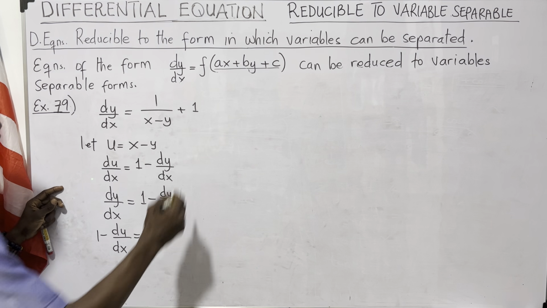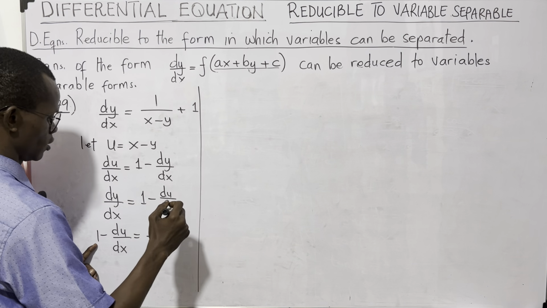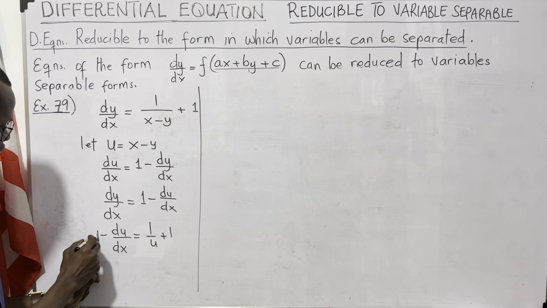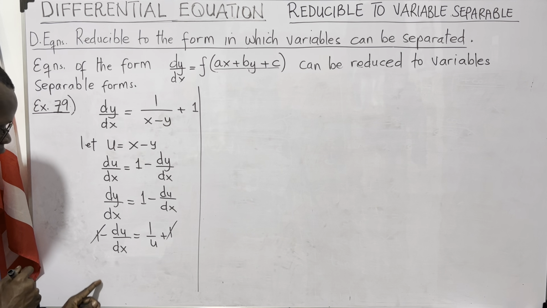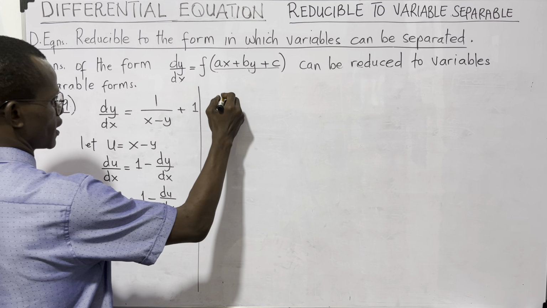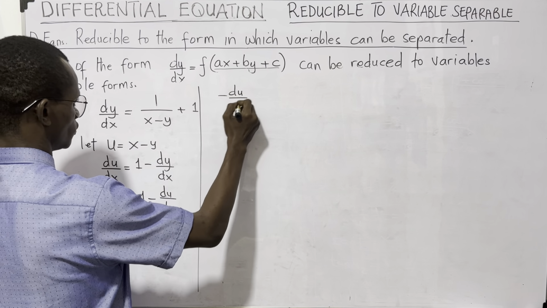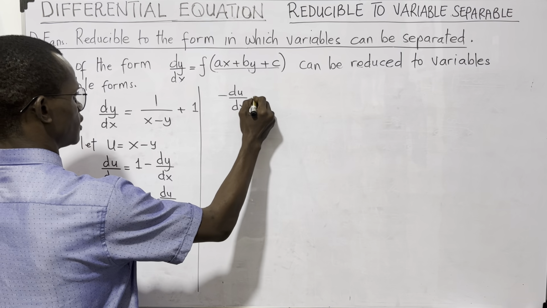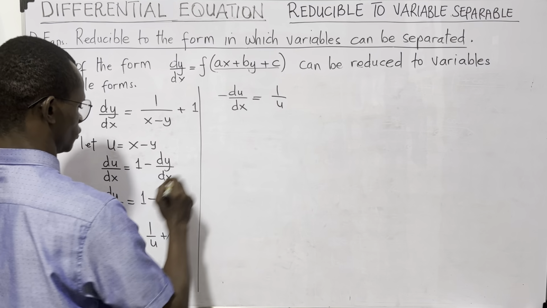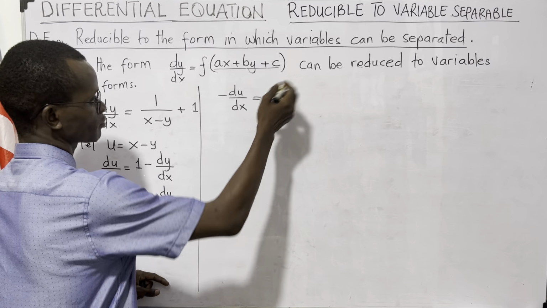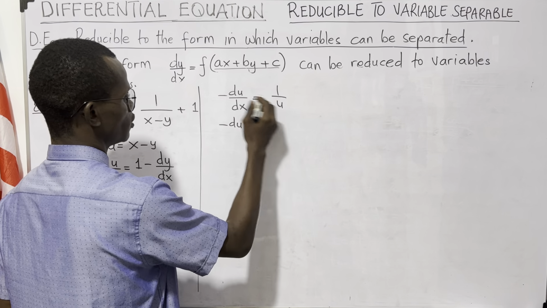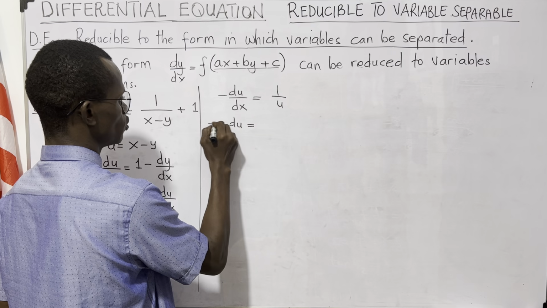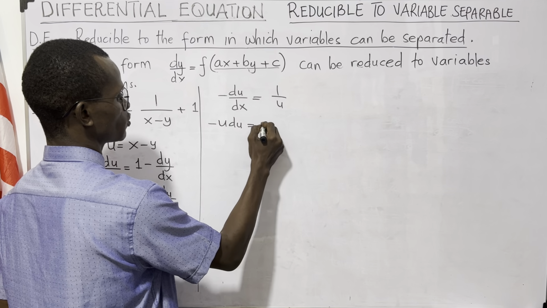So we try to separate the variables. If this goes across, this 1 and this 1 cancel, right? So this now becomes negative du over dx equals 1 over u. So we cross multiply. Negative u du equals dx.